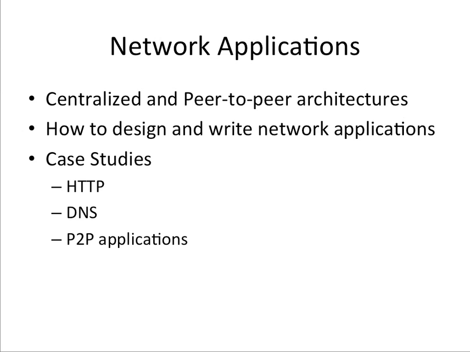So what we've done so far is looked at various network applications. We've looked at centralized and peer-to-peer architectures, and some homework and also some exercises during the lecture. We've thought about how to design and write network applications, right? Designed several. And we've looked at a few concrete case studies so far.